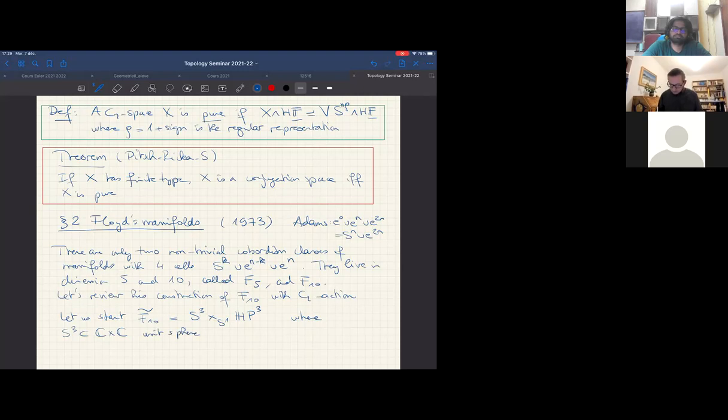And on this 3 sphere, we have an action of S1, which is the unit sphere in the complex numbers. So that explains the action of the circle on S3.